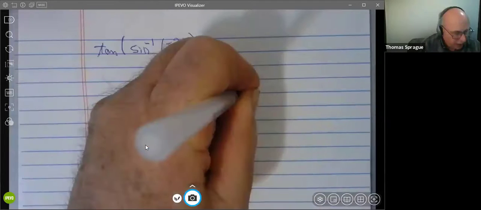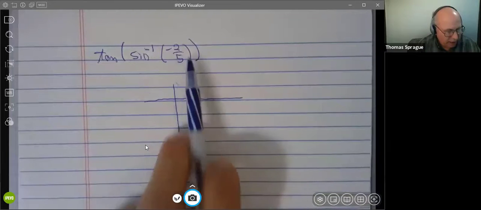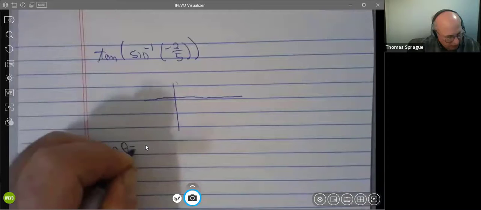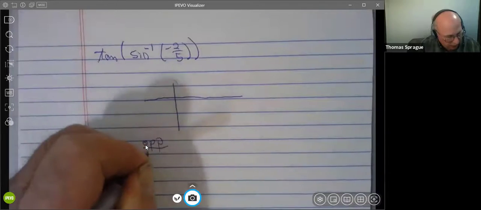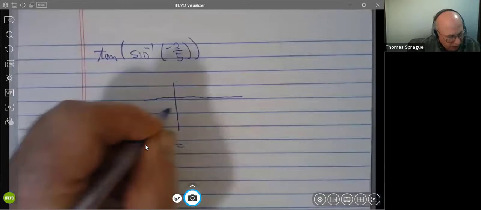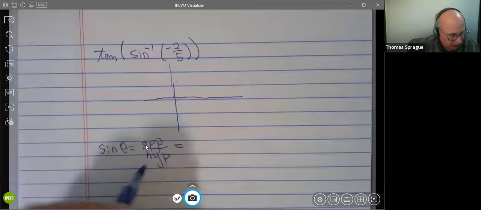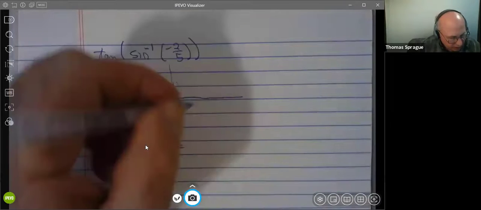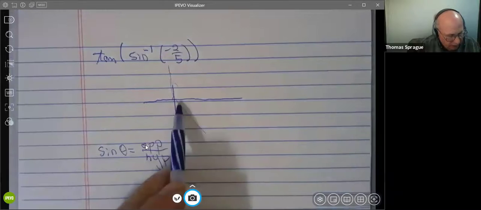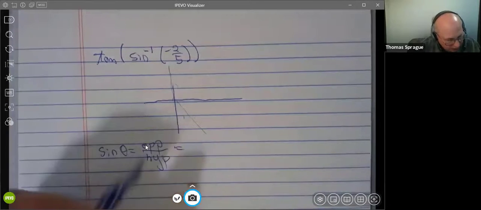Okay, the sine is -2/5. Sine theta is opposite over hypotenuse, so when I'm drawing on the x coordinate like this, it's going to be the y divided by the hypotenuse.